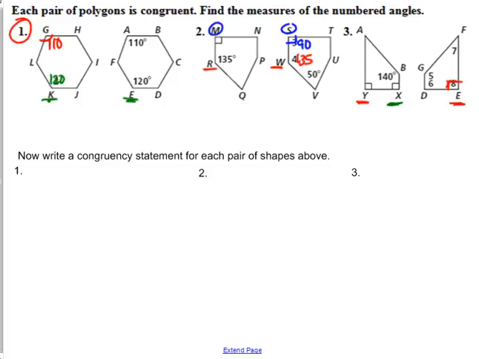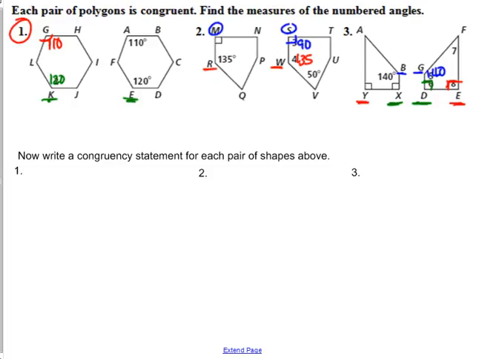X is in the same place as D. So 6 is going to be a right angle. B is in the same place as G. So this angle right here is going to be 140.